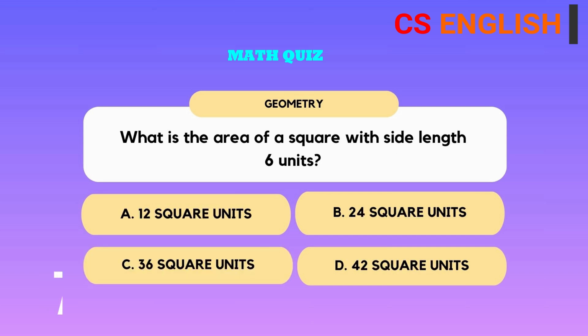What is the area of a square with side length 6 units? A. 12 square units. B. 24 square units. C. 36 square units. D. 42 square units.